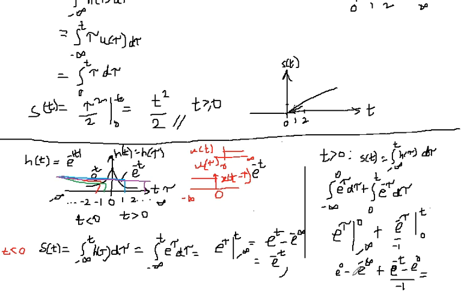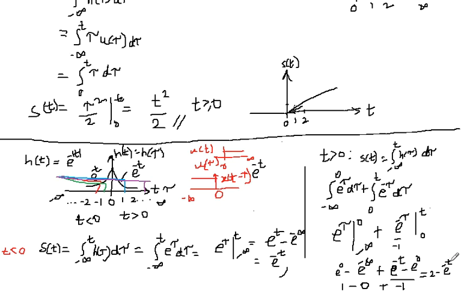When we solve this, e raised to 0 is 1, again e raised to 0 is 1, and the minus 1 will make this one plus, and e raised to minus infinity is 0. So it is 1 minus 0 plus this. So the answer would be 1 plus 1, which is 2, minus e raised to minus t.